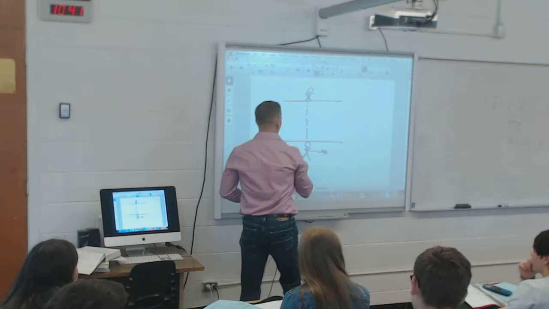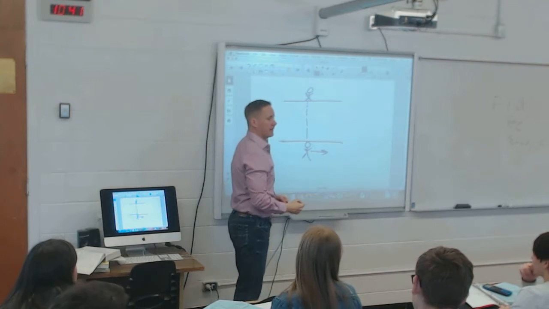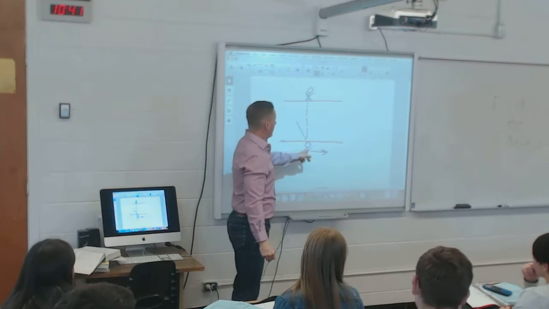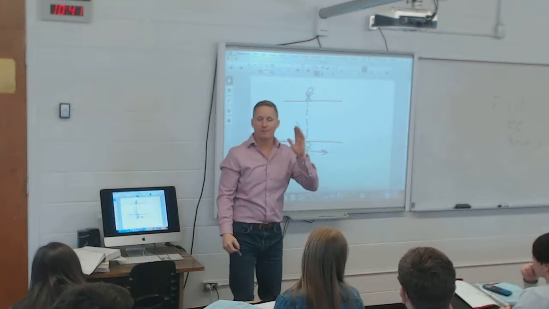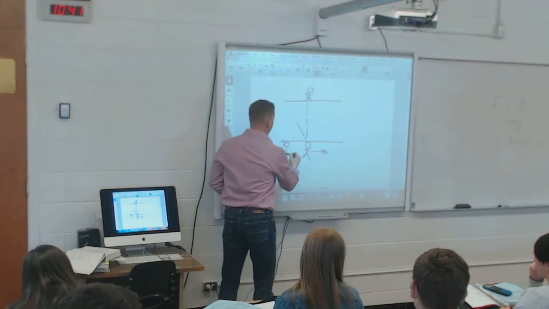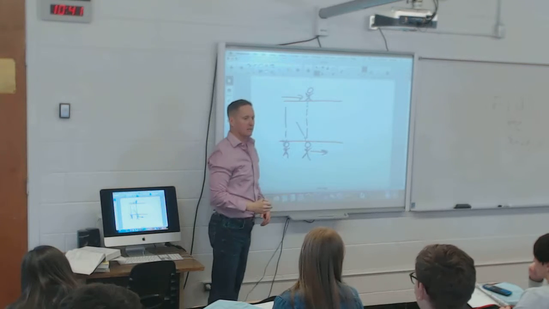So, what do I have to do in order to get the football to go across from me? I have to throw the football. If I throw it, I have two choices. Throw it before I get to the guy, so I could throw it from right here and throw it straight across, and then he'd end up over here, right?